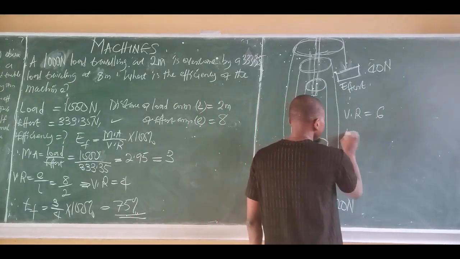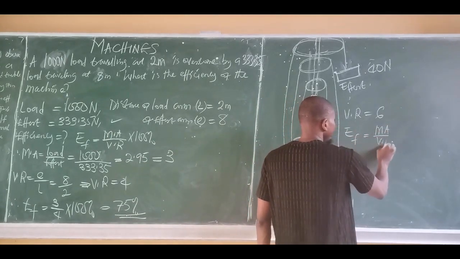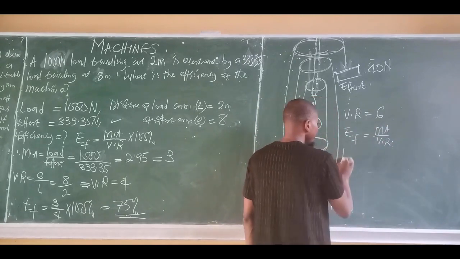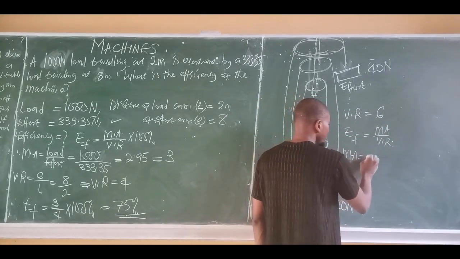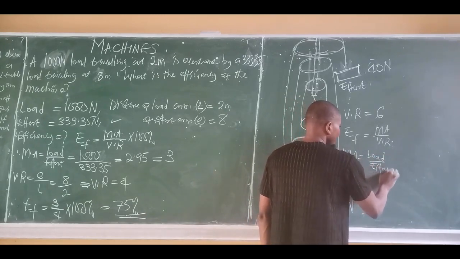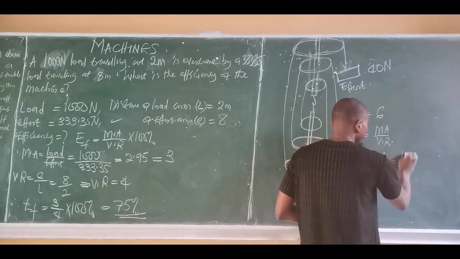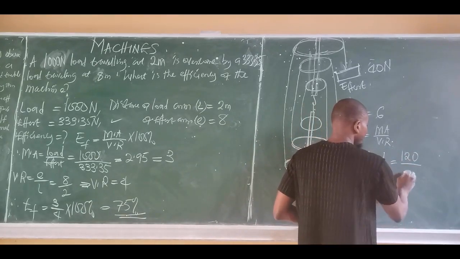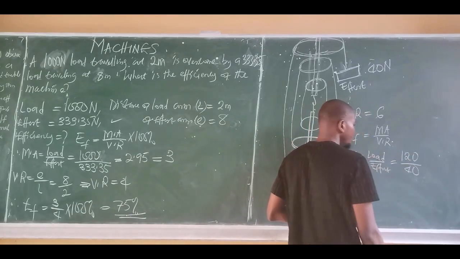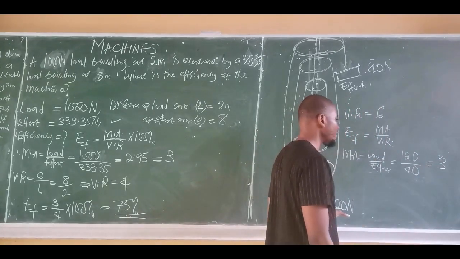Remember that efficiency is equal to mechanical advantage over velocity ratio. So we need to find the mechanical advantage, which is load over effort. The load is 120 newtons divided by the effort, which is 40. So this will simply give us 3. It means that the mechanical advantage is 3.